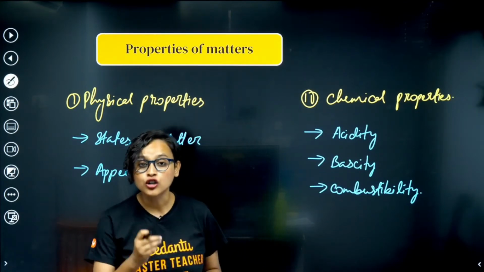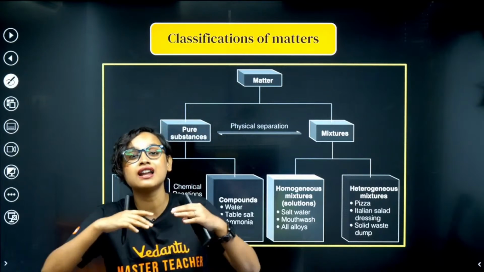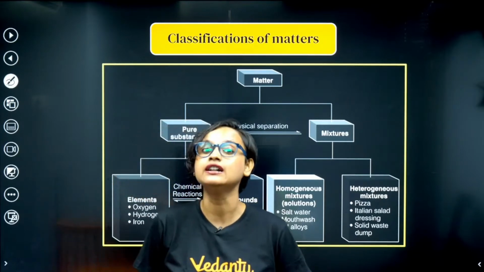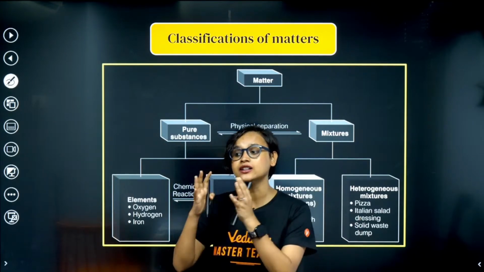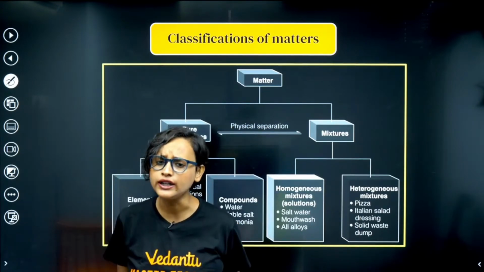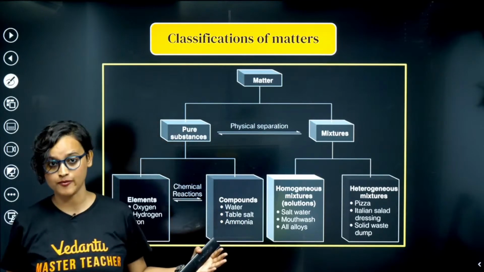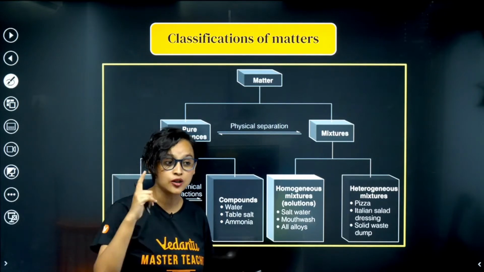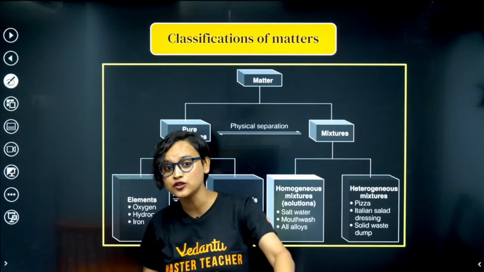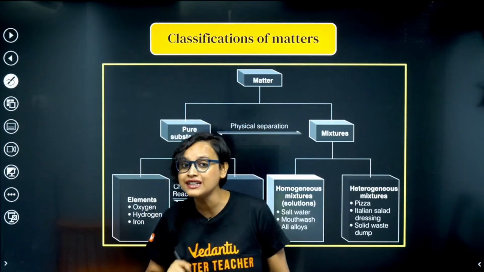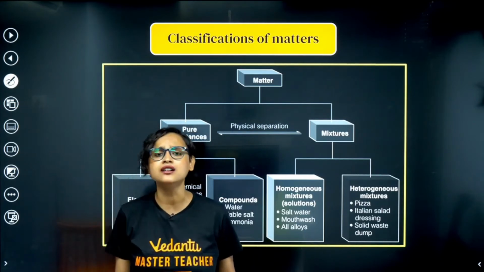Now, not only properties of matter, but you know that matter can also be classified into different categories. And why is classification or grouping matter into different groups so important? Well, that's because, like I said, there are countless number of matter. Didn't I give you the example that the water that you drink, the Coca-Cola that you drink, the air that you breathe, the stones that you throw, the pen that you write with, the pencil that you use, the eraser that you use, the food that you eat, everything is matter.